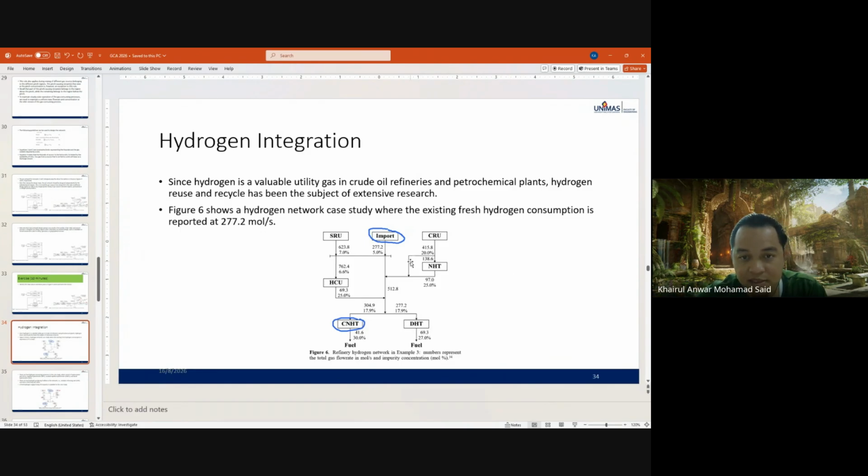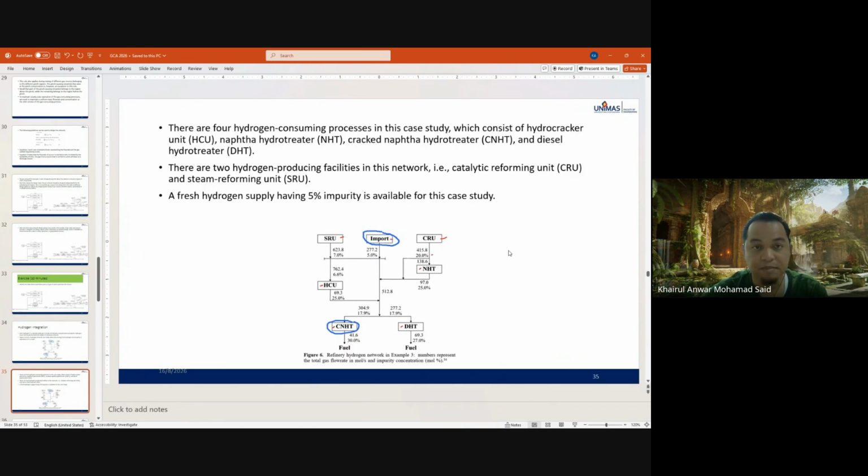Purity wise, it has 5% in this. There are 4 hydrogen consuming processes, which consist of the hydrocracker, which we see first. We have the naphtha hydrotreater NHT. This process is for crude oil refineries and petrochemical plants.